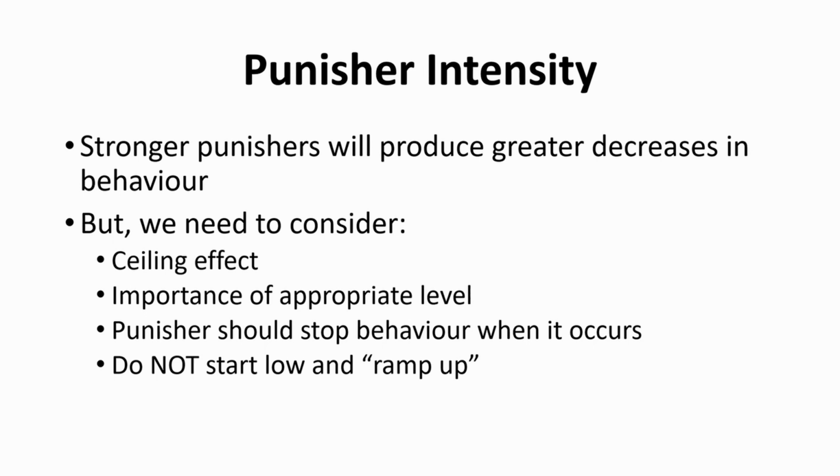So if we look at something like a shock, if you start with too mild of a shock that doesn't disrupt the behavior, and you slowly increase the intensity of that shock, the animal might continue to just ignore that shock and can come to tolerate much higher levels of shock or higher punisher intensity than they would have if you had just started with a higher level of shock to begin with. So this is something where you need to be very aware of what an appropriate level of intensity is to start at, because you run into this issue where you might have to use much higher level intensities if you don't start off on the right foot.